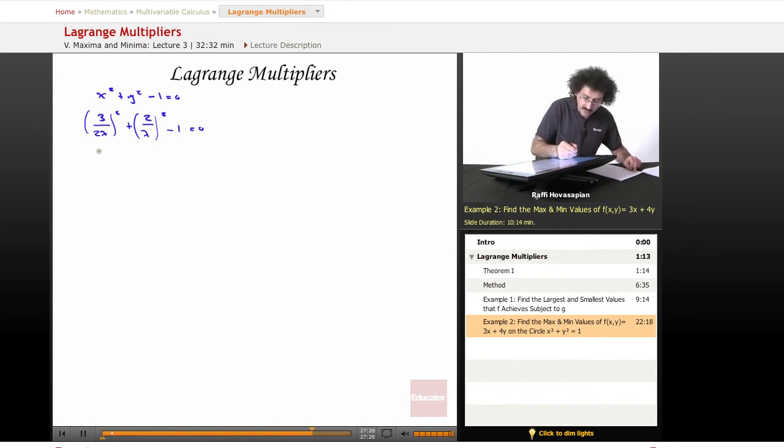So let's go ahead and work all of this out. 9 over 4 lambda squared plus 4 over lambda squared minus 1 equals 0. We're not going to leave anything out here. I'm going to go ahead and multiply through by 4 lambda squared, I think. No, just 4.